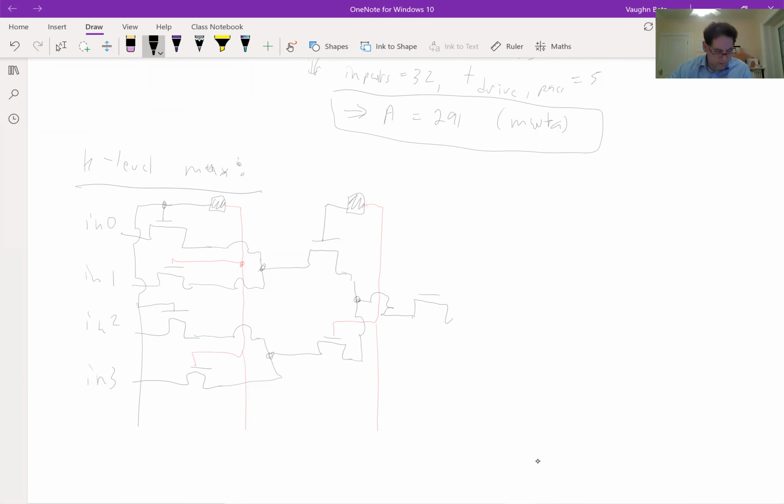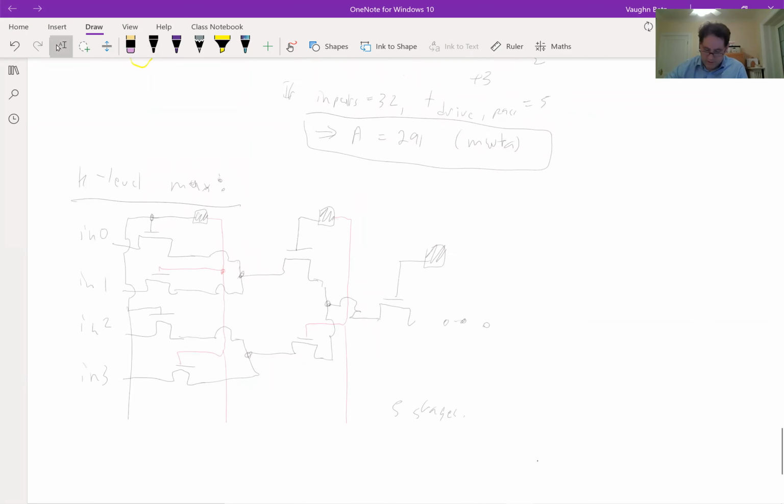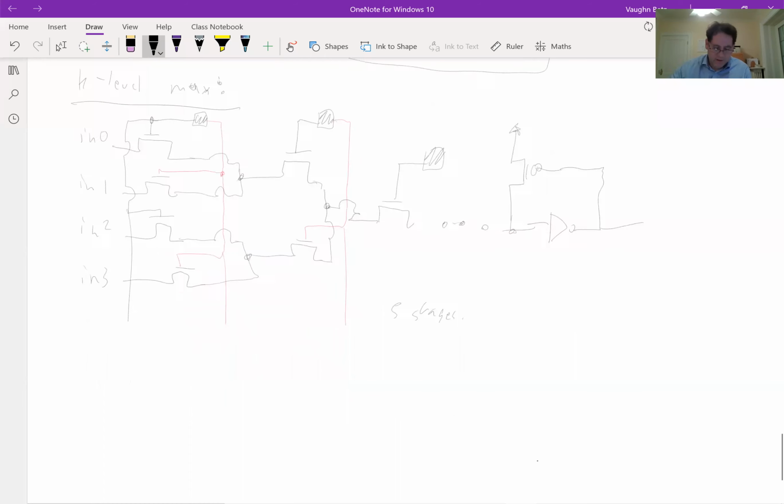And so on. Then I have my next level of muxing, of which I'm only showing one little bit. This continues on for 5 stages, if I'm going to do a 32-to-1 mux, which is what I'm doing. And eventually I get my standard output circuit of an inverter and a weak pull-up. And it looks like that.